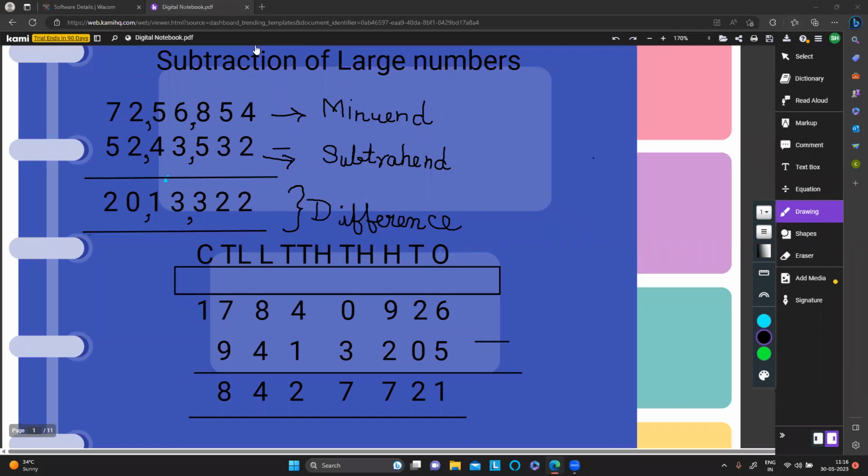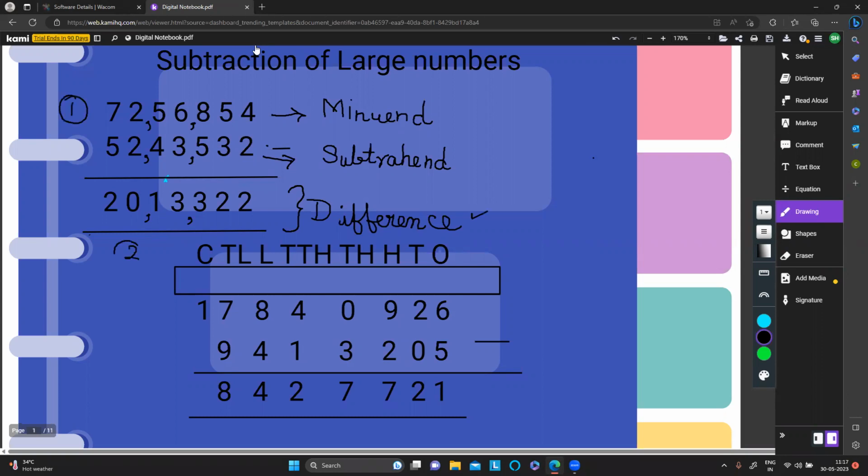Now children, this is the difference that we have got. Okay, for this problem, by subtracting the subtrahend from the minuend, we have obtained 20,13,322. So this is called the difference. This is problem number 1.